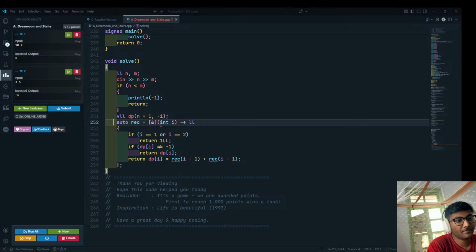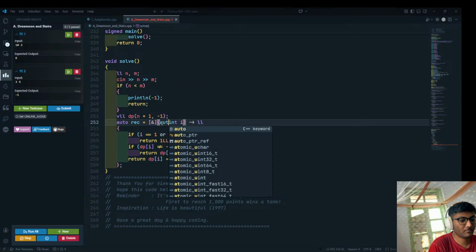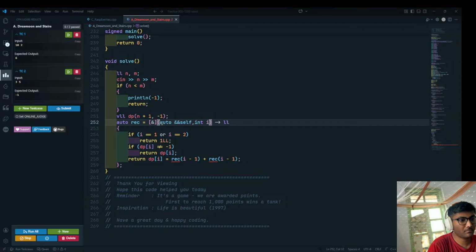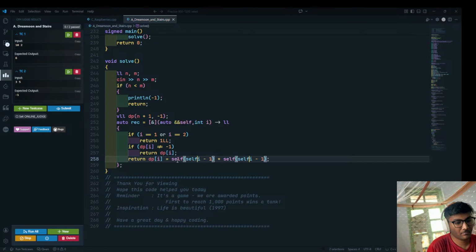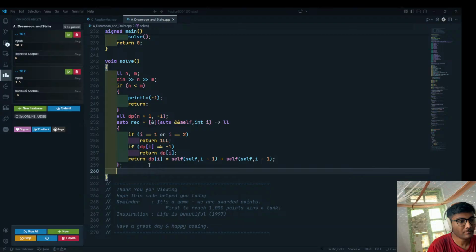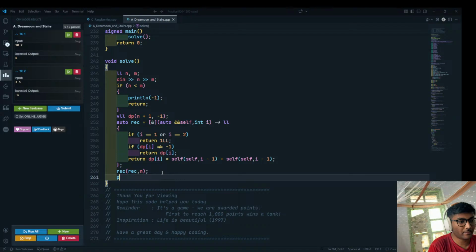I think I should do... okay. Now I want to find the minimal distance from some multiple of k to n. So we want the dp of n. Let's try to print dp of n first.